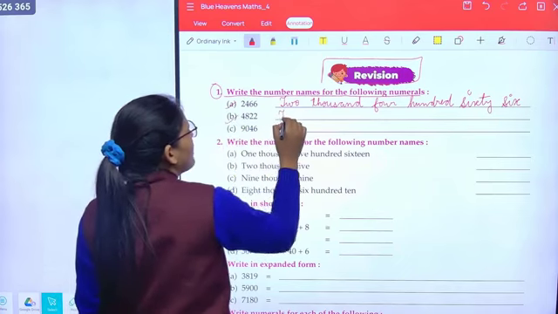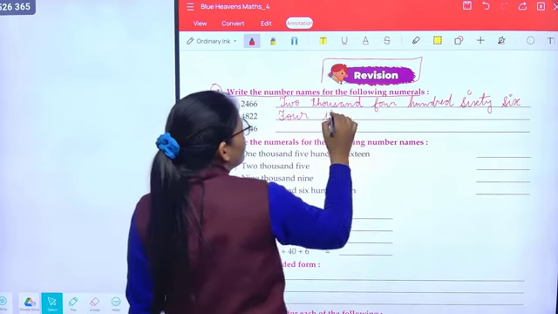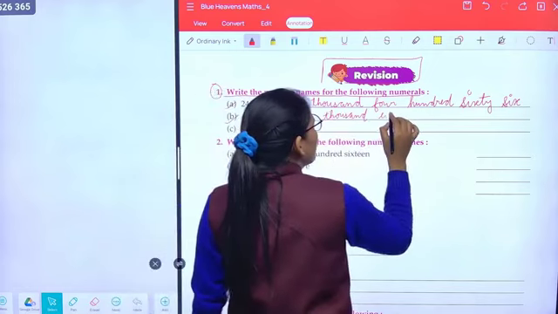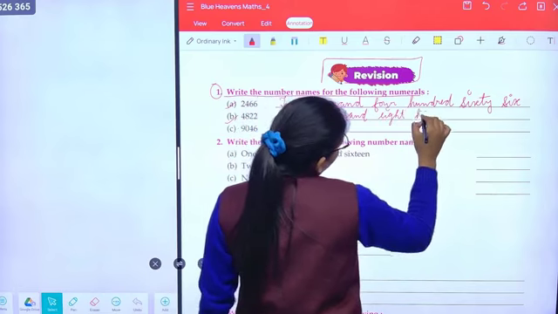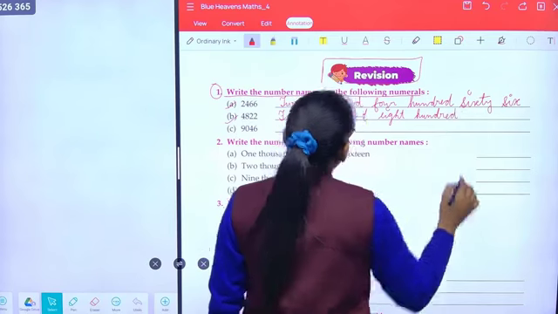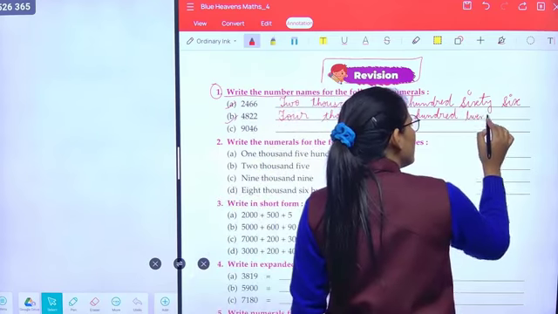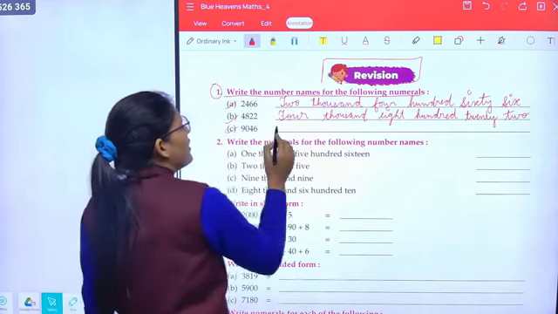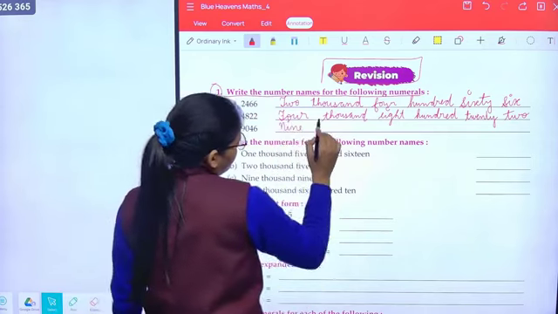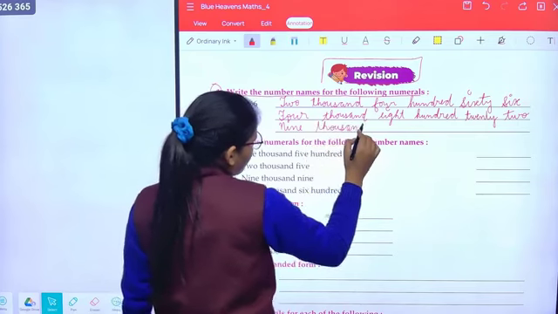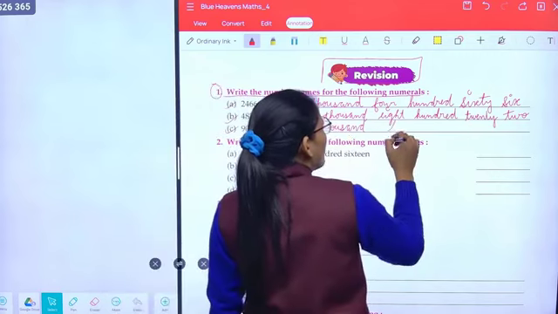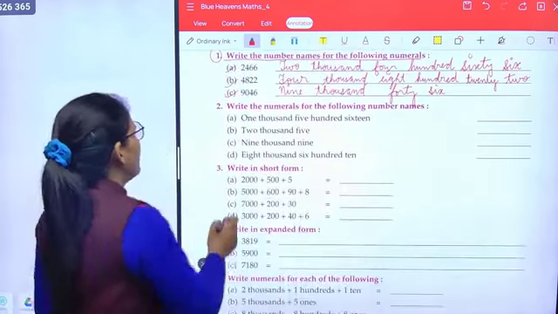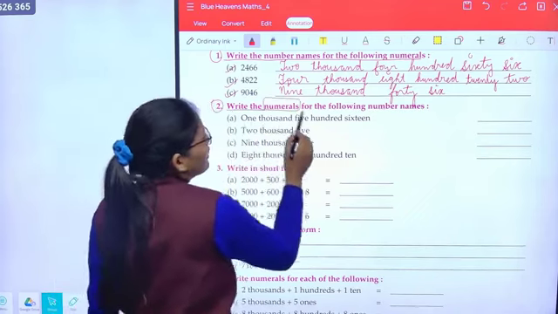Now it is 4000, 4800, 22. Okay, now it is 9000, 9046. Understand, class?